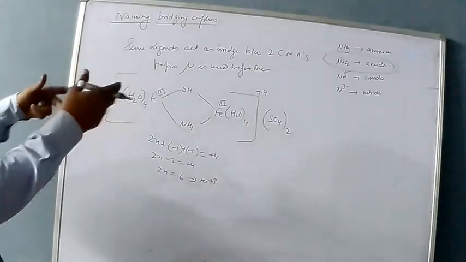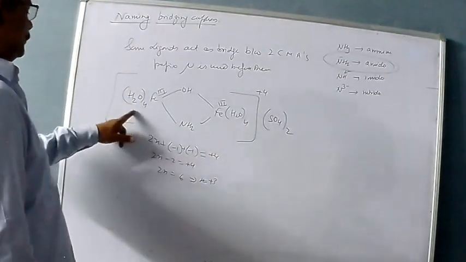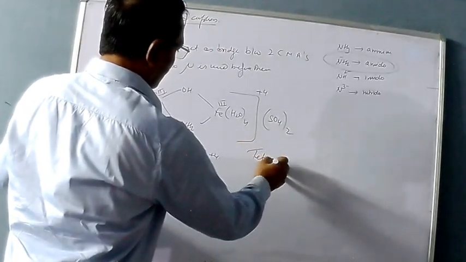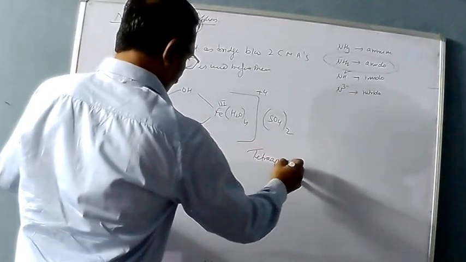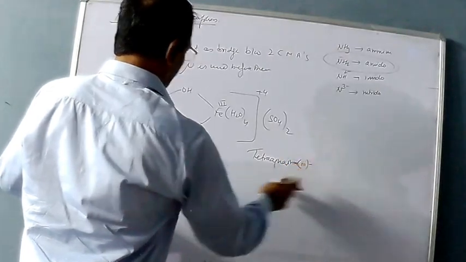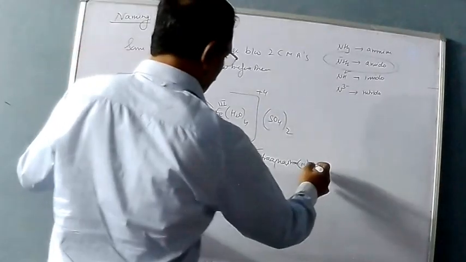Class, this is a cationic sphere, so the ligands will be named first. How many ligands? 4. Class, I am going to write the name. See, very easy. Tetraaqua iron(III). This is amido and this is hydroxo, so amido will be alphabetically superior.